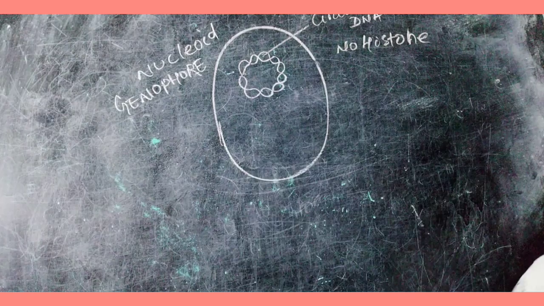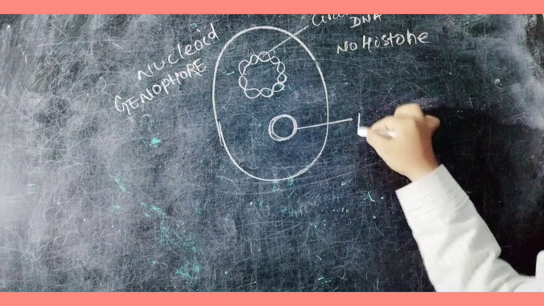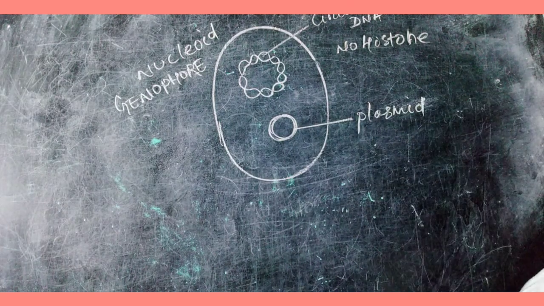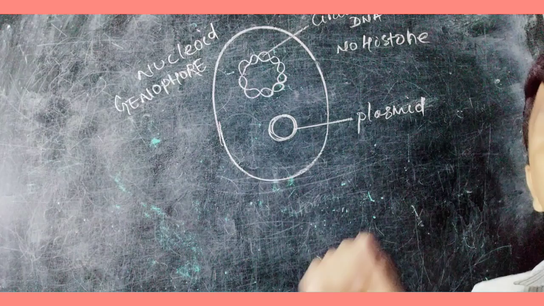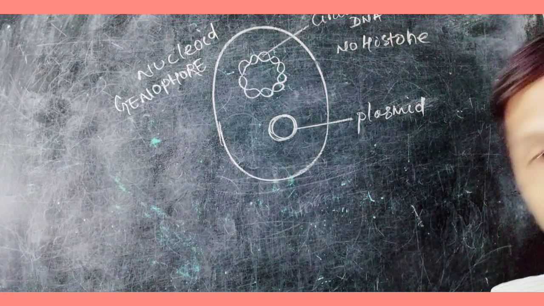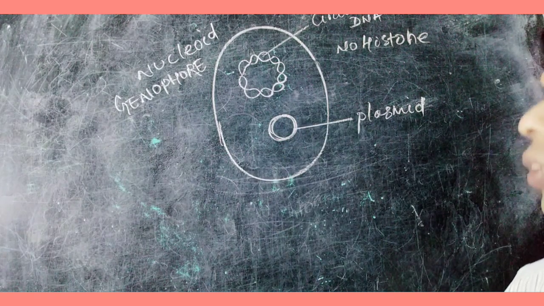Except this DNA, there is another extra chromosomal DNA called plasmid. What is the function of plasmid? The plasmid provides antibiotic resistance. It helps in conjugation process. The plasmids have various functions.